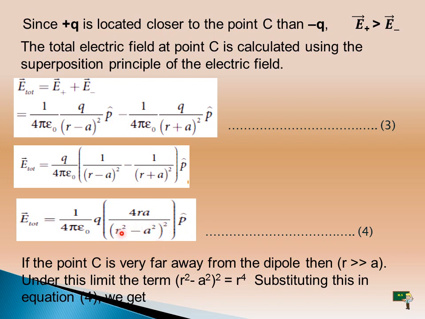So we have R square only, and we also have R square here, so R power 4. See students, if you use the (A minus B) the whole square formula and (A plus B) the whole square formula here and substitute all the values, that means (R minus A) the whole square and (R plus A) the whole square, and then subtract the terms which have negative values, you will get the 4RA. It's easy for you.